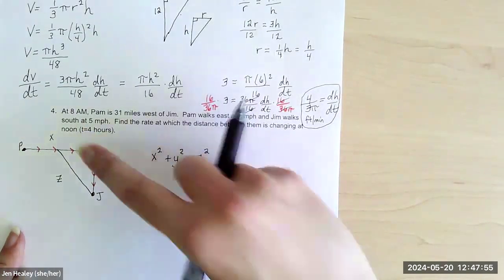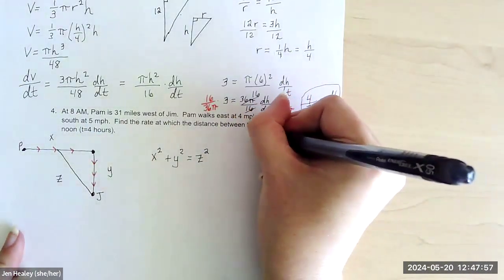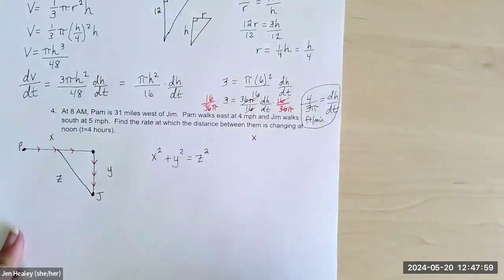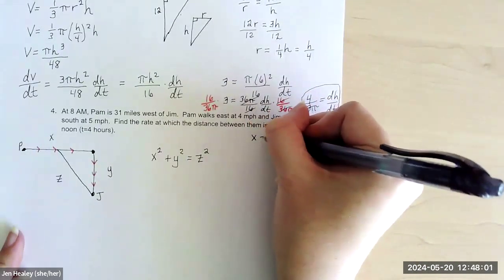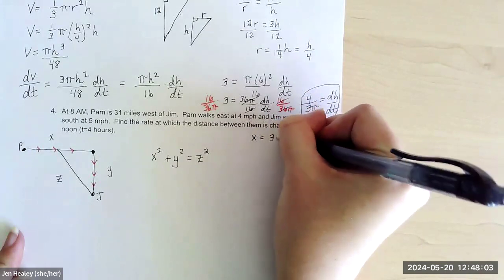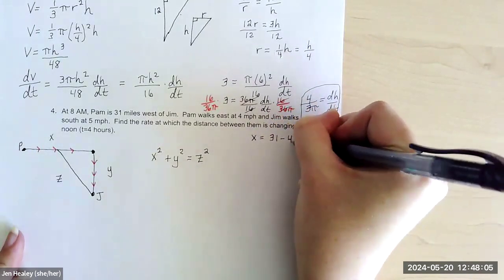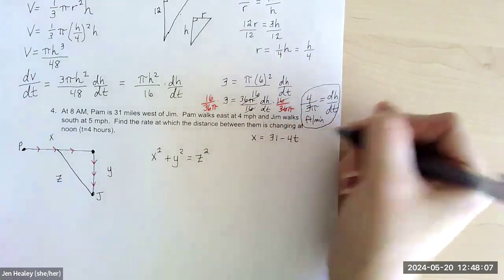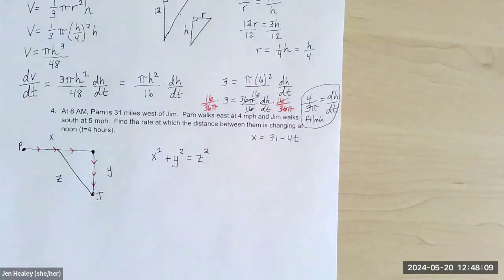So what I'm actually going to write is that the x direction, which is the direction that Pam is walking, is equal to 31 minus 4 times t, because that's however many hours. And then at 4 hours, yeah, that would be us subtracting 16 from it.